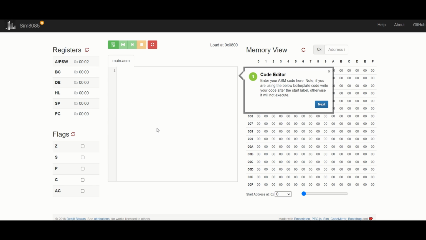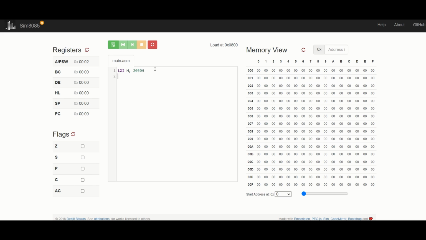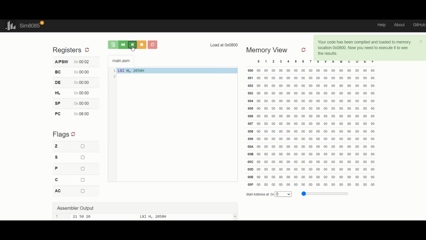Practical, right? So what I will do is simply write LXI H comma 2000, or let me write 2050H, and then I'm going to compile it and run it. Whenever you run, make sure you check the address which you mentioned. So I'm going to write 2000 here so that I can get it.